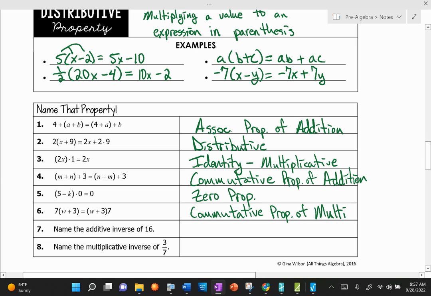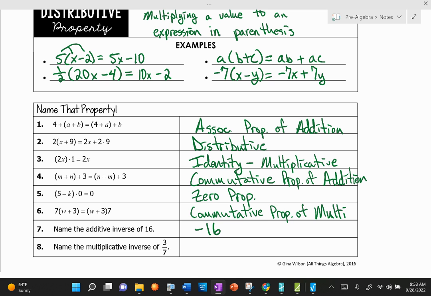Okay, so number 7. Name the additive inverse of 16. So what's the inverse of 16? Inverse is either the opposite negative if we're adding, or 1 over 16 if we're multiplying. This one says the additive inverse. So what do we think? Negative 16. Okay, so along those same lines, number 8 is asking for the multiplicative inverse.